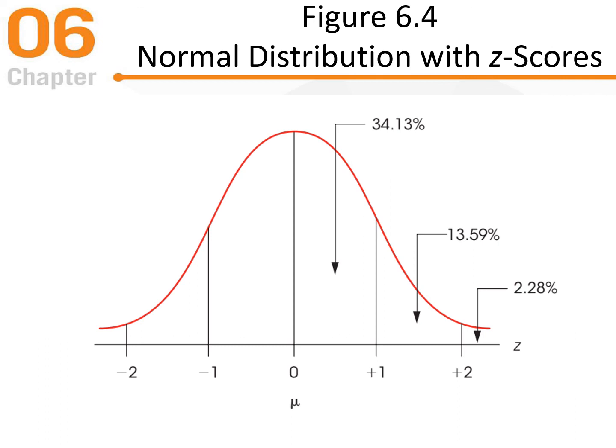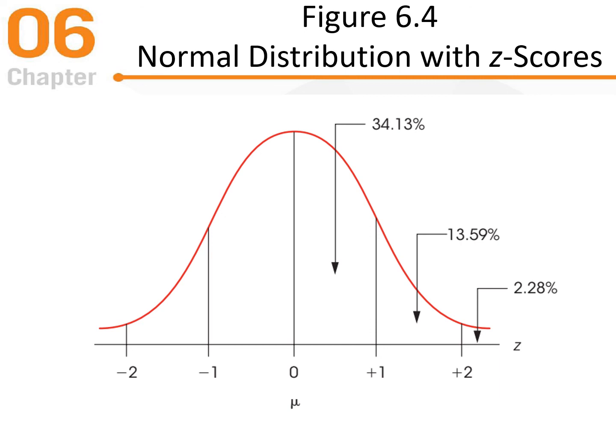Now, we've done approximations based on the normal curve. And we know that between 0 and 1 standard deviation, so these are all z-scores here on the x-axis, between 0 and a z-score of 1, you have 34.13% of all scores.